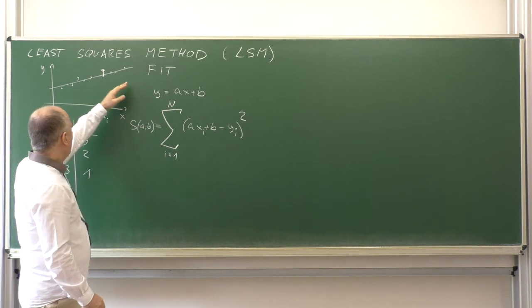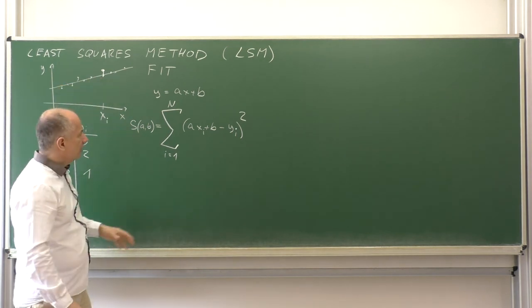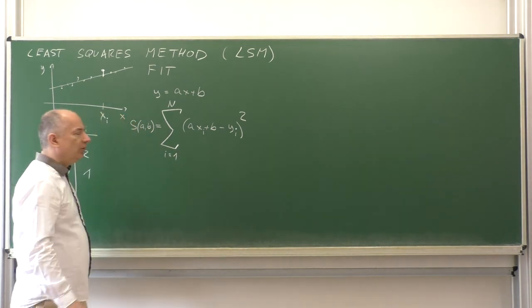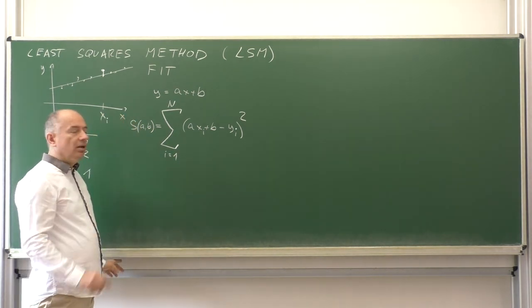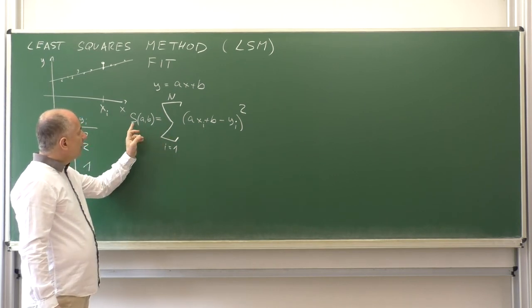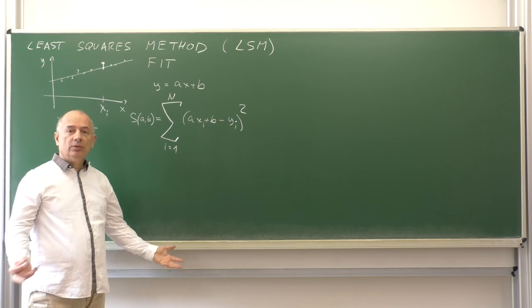But if the line goes close to these points, it looks like some minimum may occur. We will come to the question of whether the minimum is unique later. So first we have a function of two variables a and b, and we want to find the minimum.